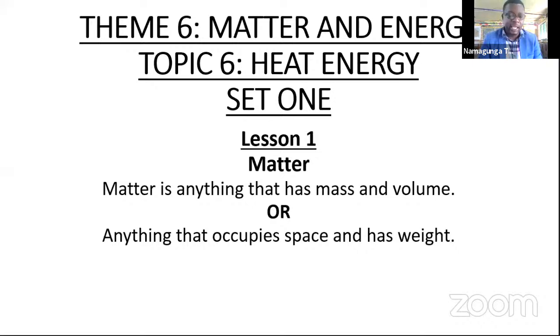As we define weight, we shall say it is a force exerted on an object due to gravity. Even the definition talks about it being a force. So since it is a force, we say it is measured in newtons.